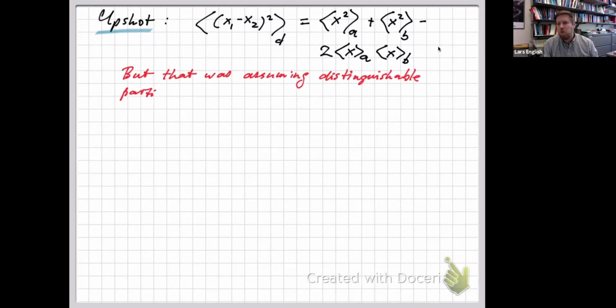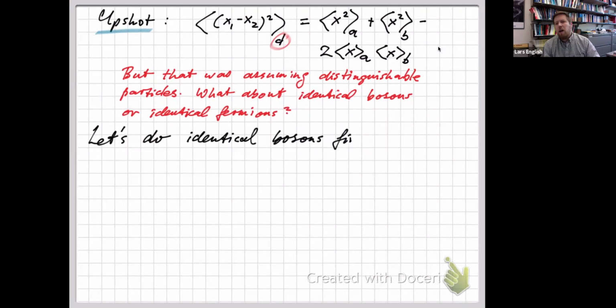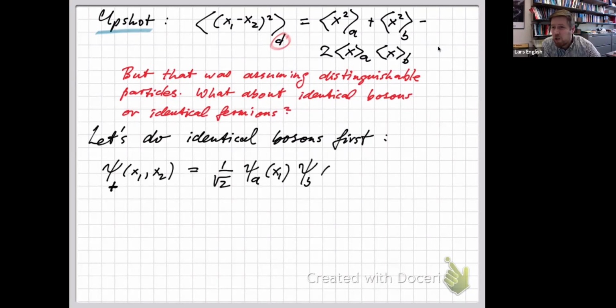Okay, so we're going to keep doing it now relative to the more realistic fermion and boson two-particle states. This here was done for the distinguishable case. What about identical bosons and identical fermions? Let's do the boson first, even though in the end we're really going to be more interested in the fermion case.